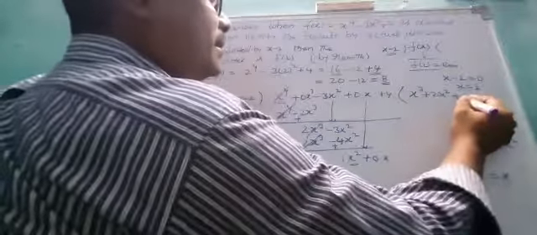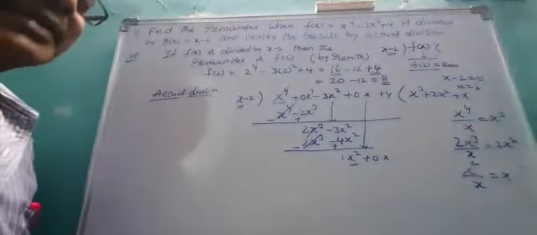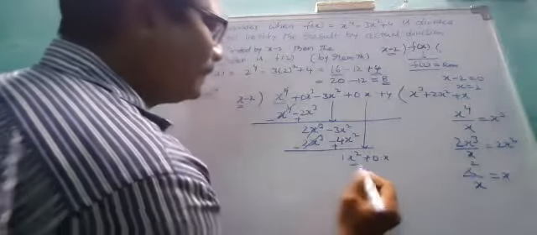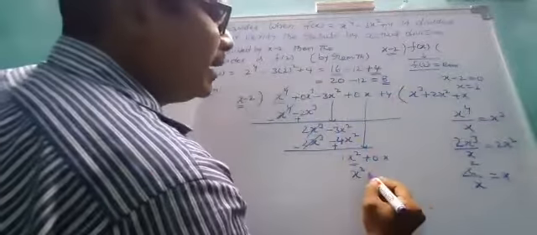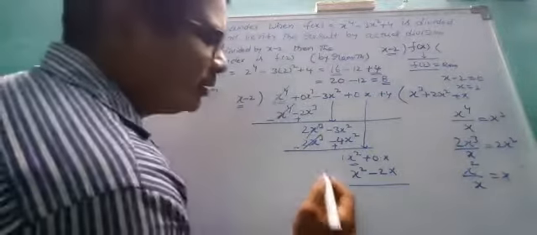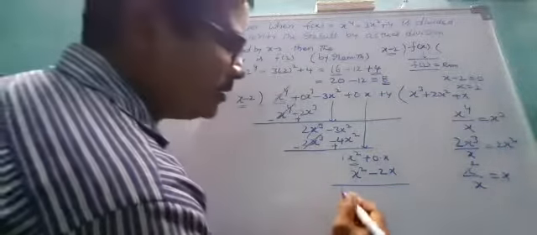As you continue the process, x square by x equal to x. Plus x is the next term of the quotient. x into x square, okay, minus 2 into x is minus 2x. Now the second expression signs will be changed.